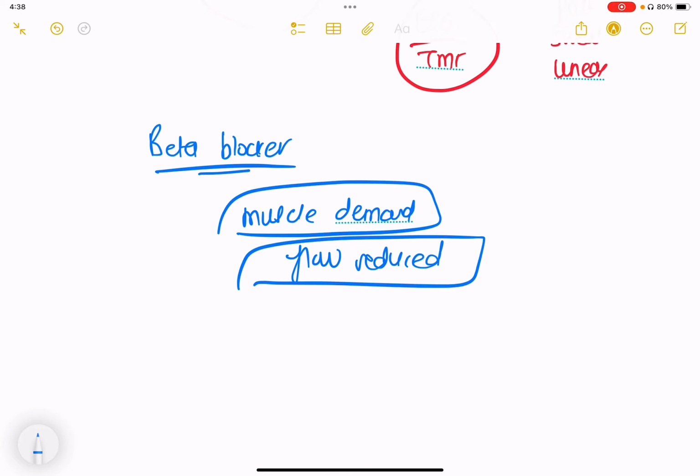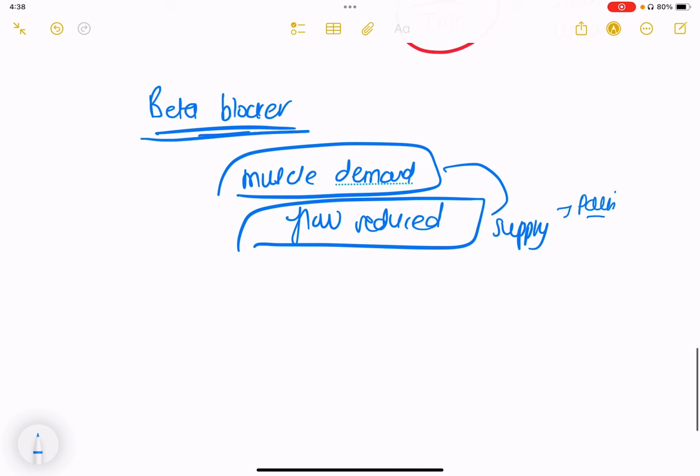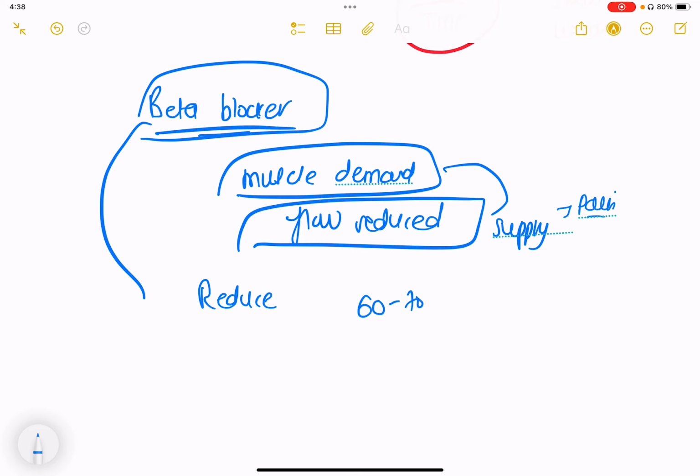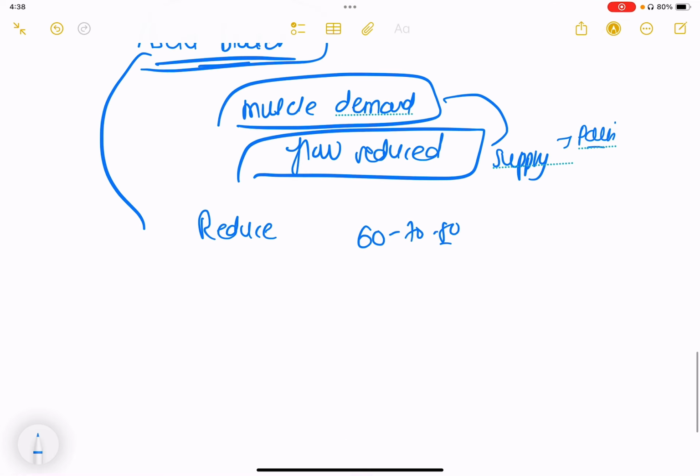So there is a discrepancy between demand and supply. That is the reason the pain, sweating and other changes may worsen. So giving a beta blocker reduces the heart rate. It keeps the heart rate maybe between 60, 70, 80, so that the flow can be maintained well, the artery will be compressed less, and the symptoms will not appear.